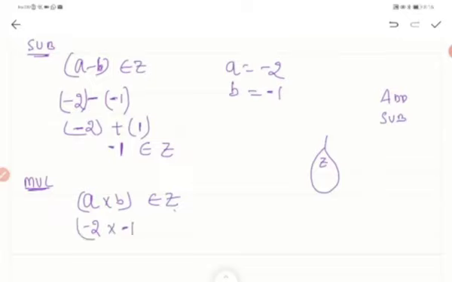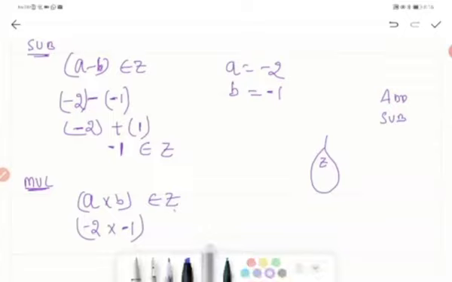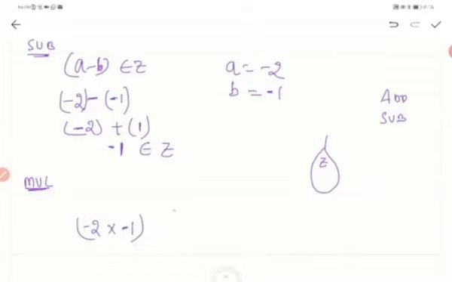Actually, you don't have multiplication, sorry, you haven't studied multiplication of integers, so this will not be there in your syllabus. You will study multiplication and division in your next year, that is class 7. You have just studied addition and subtraction of integers.